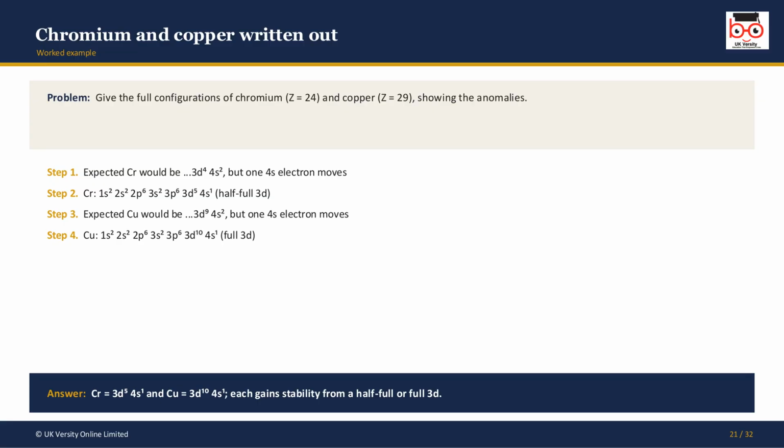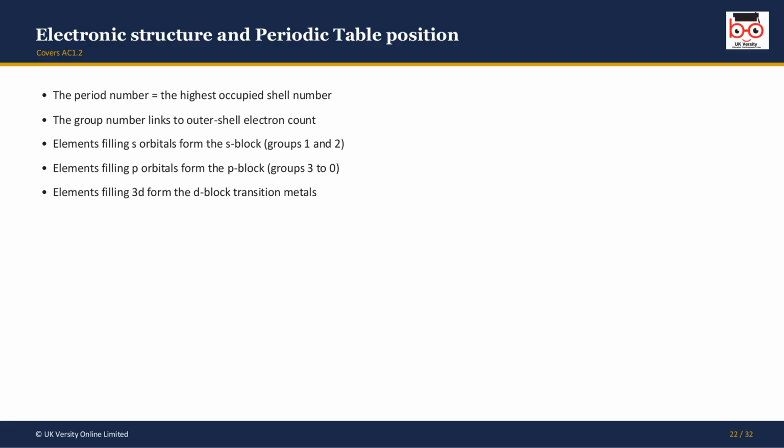Copper, atomic number 29, would be expected to end 3d9, 4s2, but again an electron shifts, so copper is 1s2, 2s2, 2p6, 3s2, 3p6, 3d10, 4s1 with a full d subshell. Each gains its stability from that half-full or full 3d.